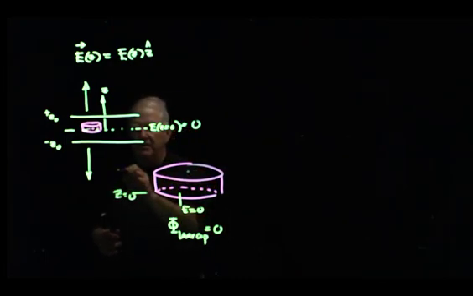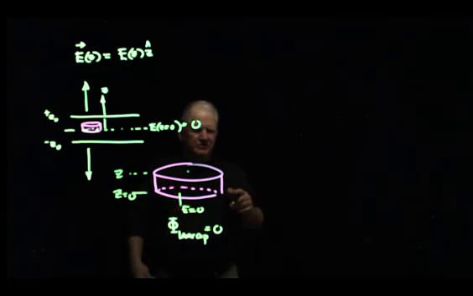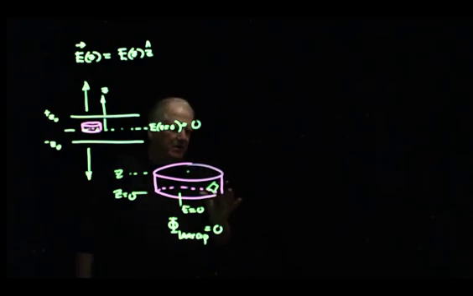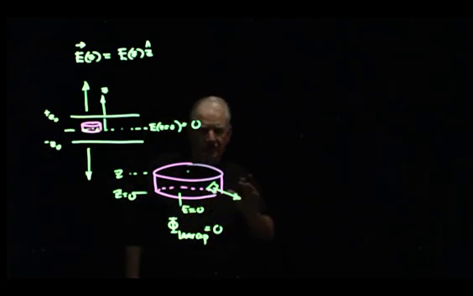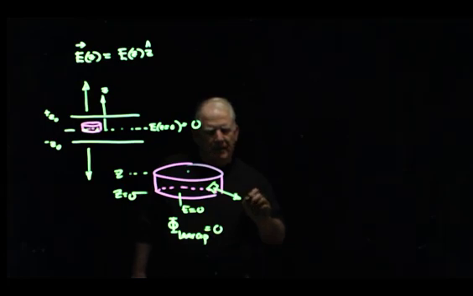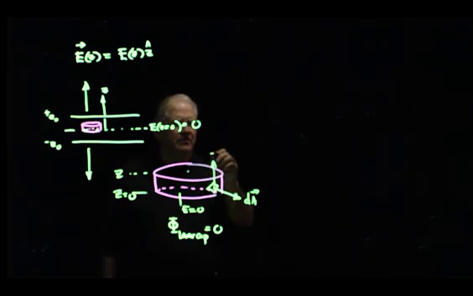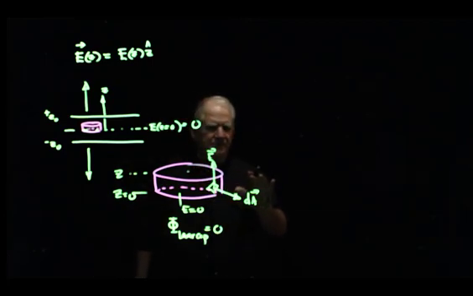If we just let this point right here be z high, so this is now the midplane z equals 0, this is the height z above, let's look at what the flux is through the lateral sides. To do that, we pick up a number of different little differential area elements, and you would see that the normal times the size of that is everywhere perpendicular to the electric field, because the electric field is always in the z direction.